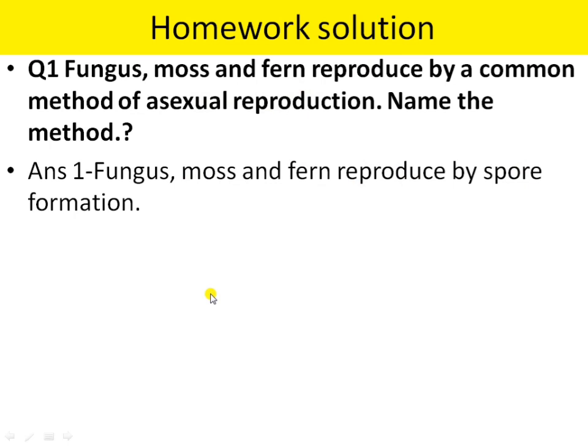Spores are asexual reproductive bodies. In the sporangium, each spore is a microscopic structure with a thick wall, so it is well protected against unfavorable conditions like dryness and very low or high temperature. On finding favorable conditions, each spore can germinate into a new plant, only when the favorable conditions are there.